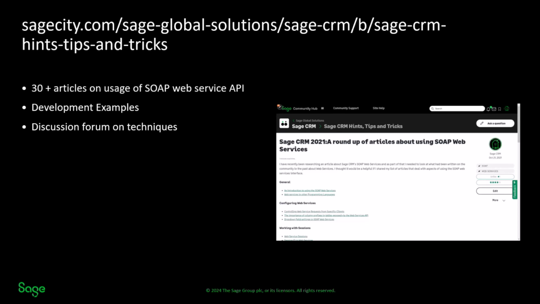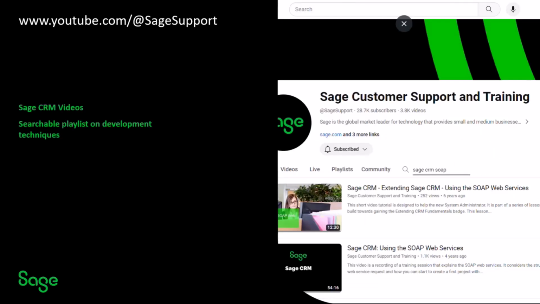And there are at least 30 articles written about the usage of the SOAP-based web services, talking about how different tasks can be handled and how you can achieve different bits of work that you need to. There's quite a lot there in terms of example code as well, showing you how projects are actually written.